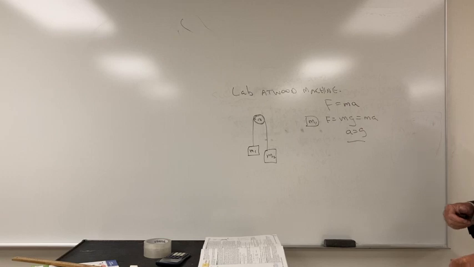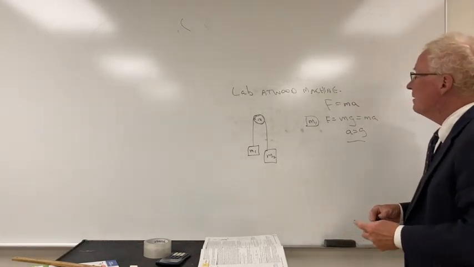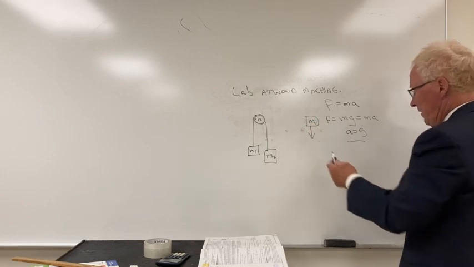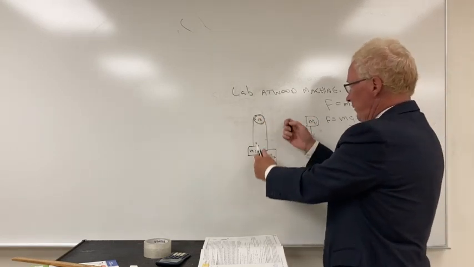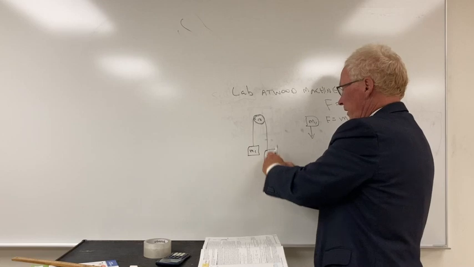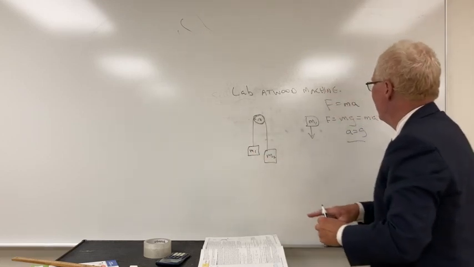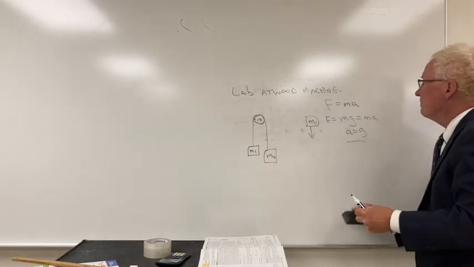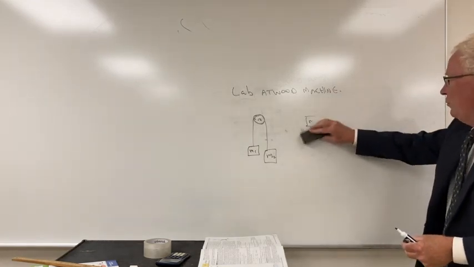Now, in this case, we don't just have gravity pulling it down. What we have is gravity pulling in one direction and in the other direction, but the objects are both being accelerated together. So how would we do this here?